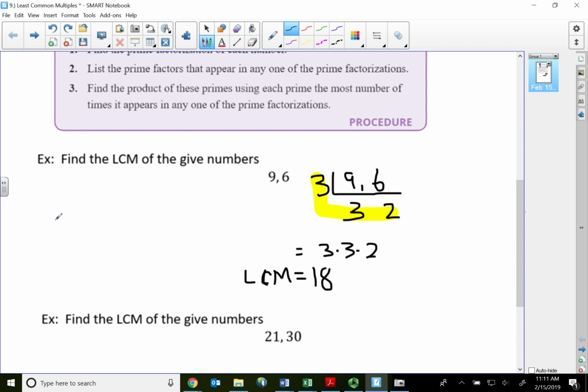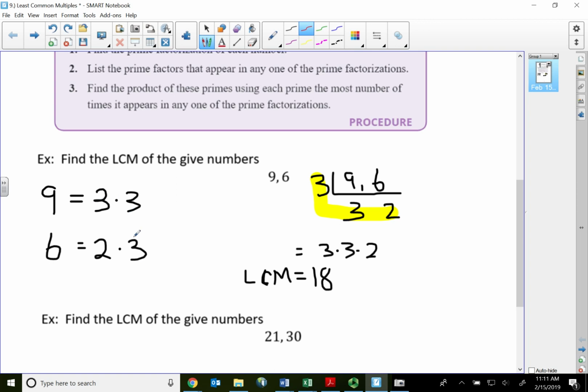There's another way, actually. A third way is using prime factorization. Write all the prime numbers that make up 9, which we know is 3 times 3. Find all the prime numbers that make up 6, which is 2 times 3. For the least common multiple, what you do is count the repeated factors and the non-repeated factors.